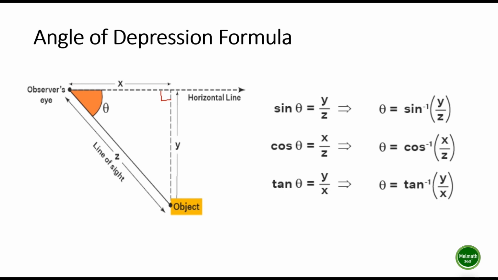Cosine theta equals x over z, and theta equals arc cosine x over z. Tangent theta equals y over x. Theta equals inverse tangent or arctangent y over x.